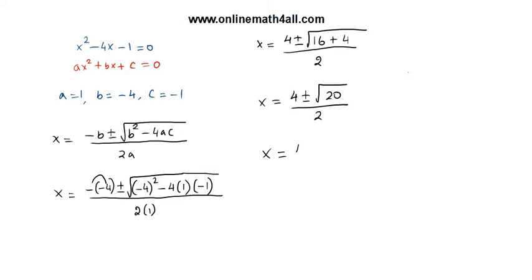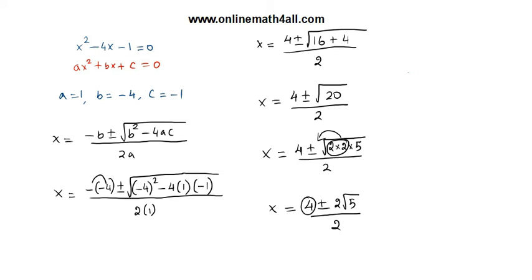Square root of 20 can be written with 20 as 2 times 2 times 5, and for every two same numbers multiplied inside the square root, one number will come out of the square root. So x is equal to 4 plus or minus 2 square root of 5 over 2.